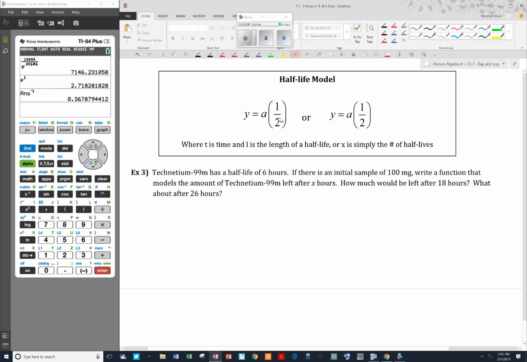There are two different ways we want to look at this, which is why I have those two things there. We can either call this t divided by L as our exponent, where t is time and L is the length of the half-life.